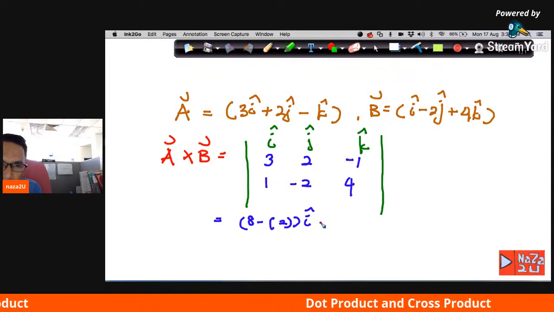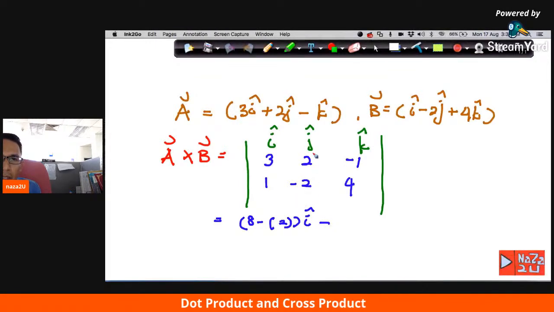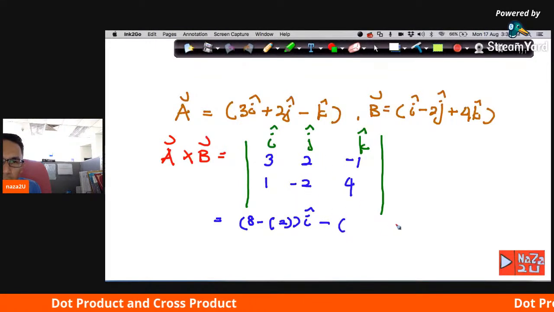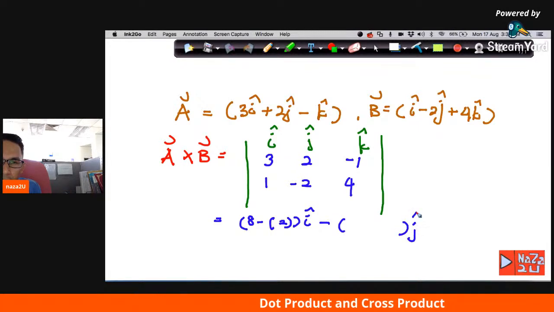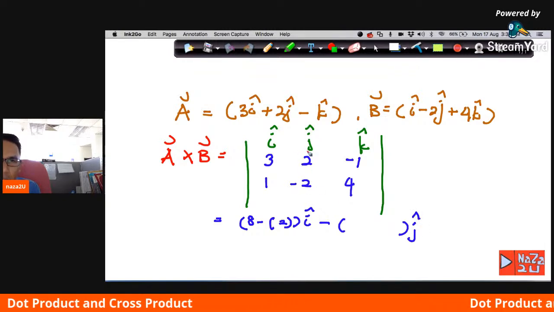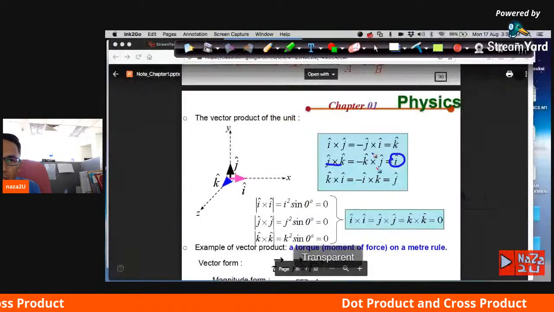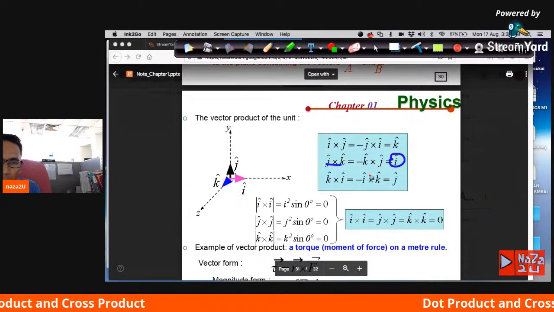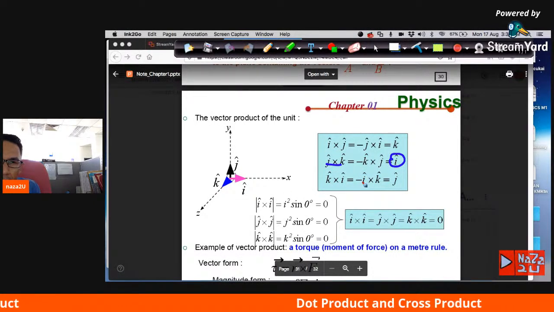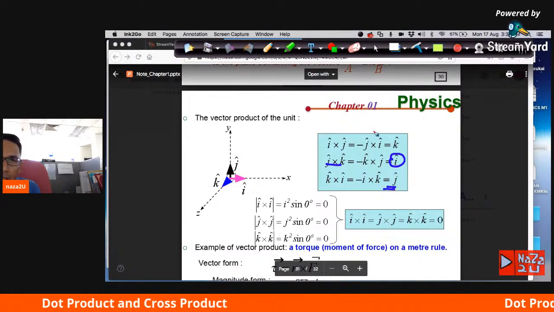Okay, and minus, because the next is vector j. So how can you find vector j? For vector j here we can use K cross I, or minus, okay, K cross I is equal to j, right?